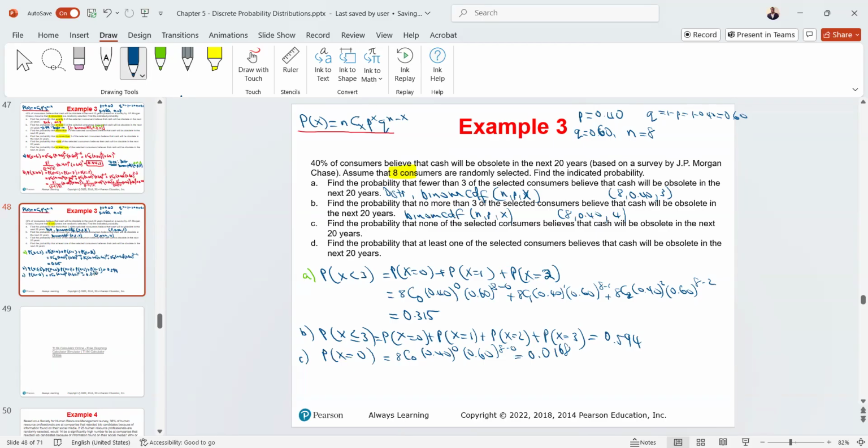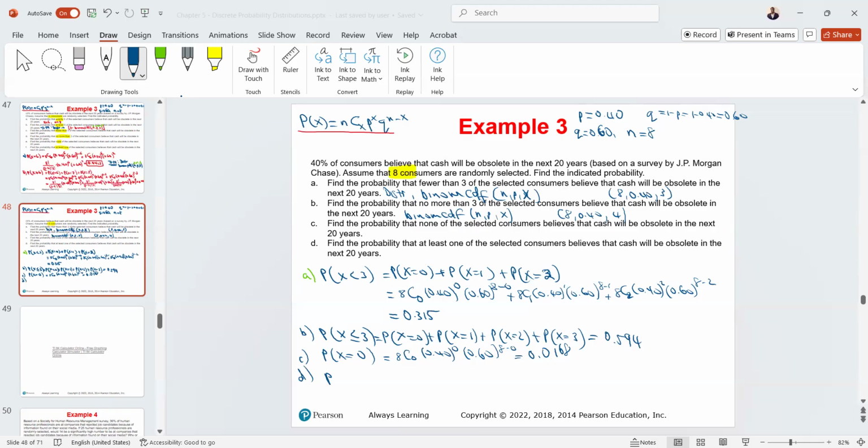D, find the probability that at least one of the selected consumers believes that cash would be obsolete. Now look at what happened in this example. We said at least one. That means you need to do 1, 2, 3, 4, 5, 6, 7, 8, because N is 8 and we need to stop at 8. But that's going to take forever to do.